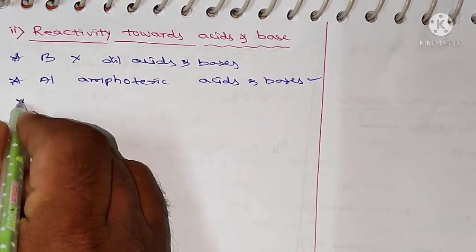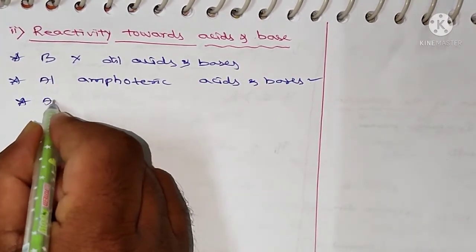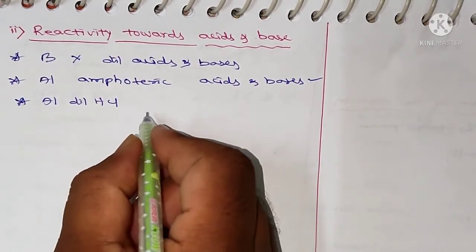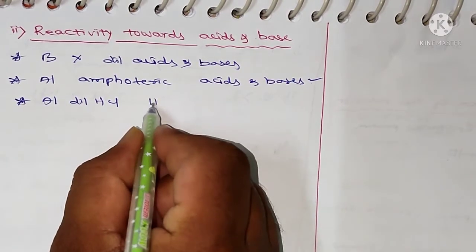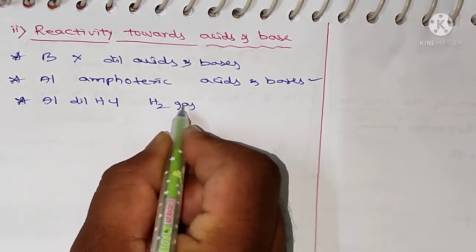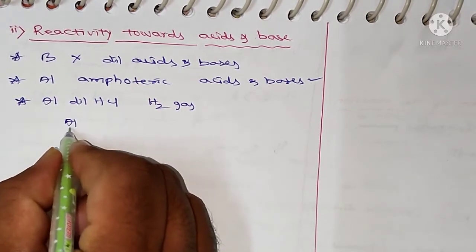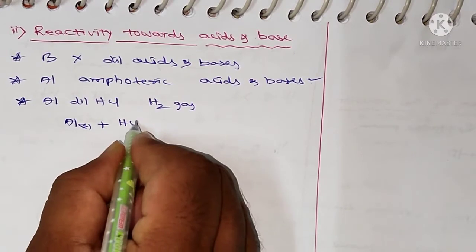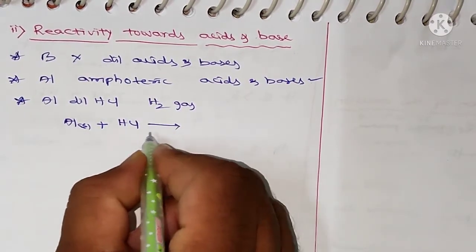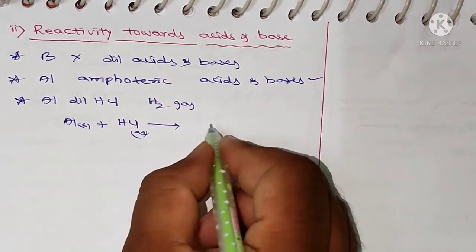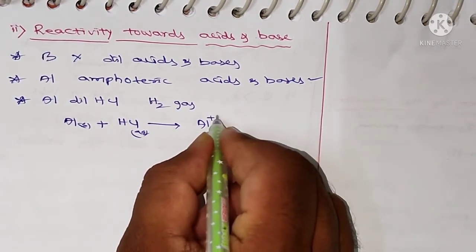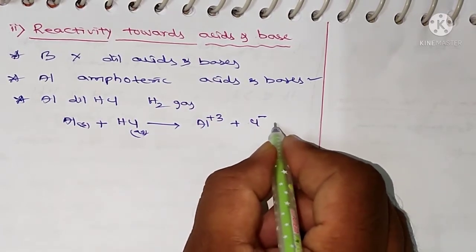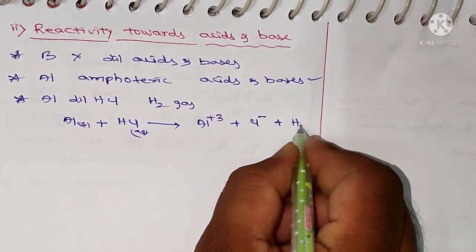Aluminium reacts with dilute HCl and liberates H2 gas. So aluminium solid reacts with dilute HCl aqueous to give Al3+ aqueous plus Cl- aqueous plus H2 gas.